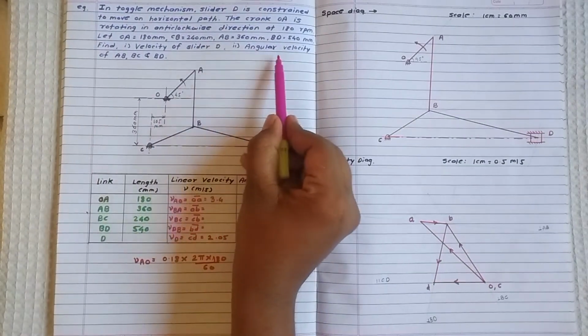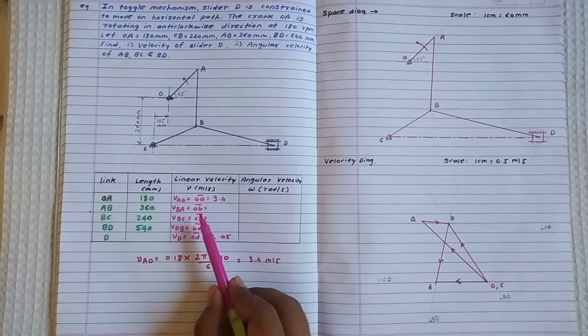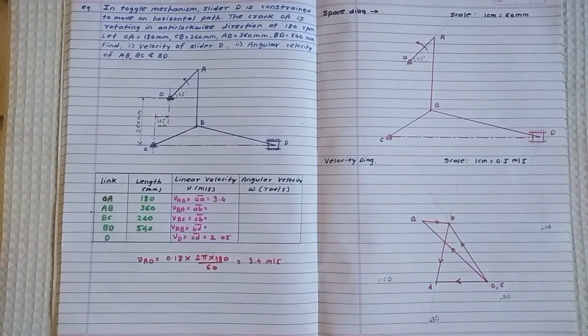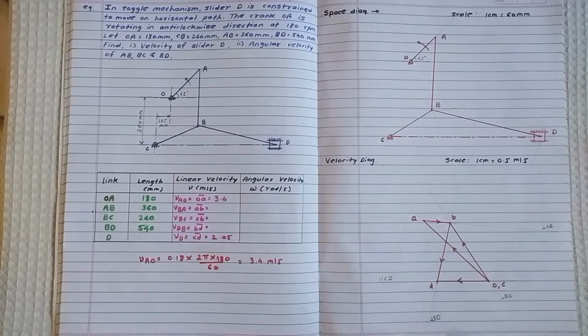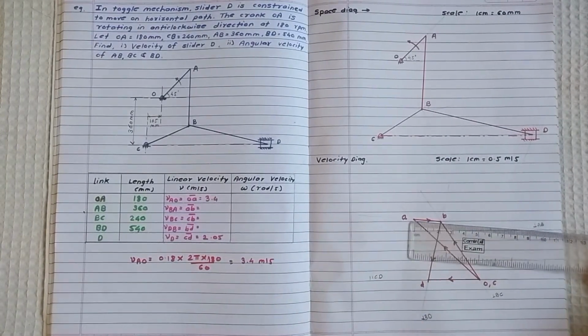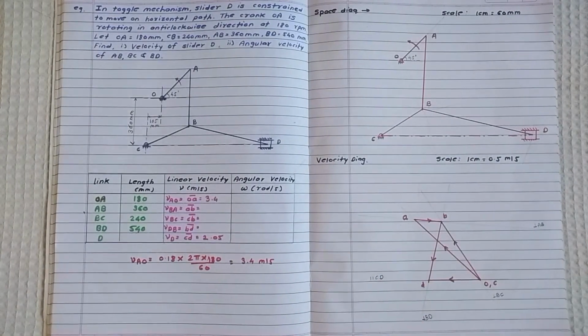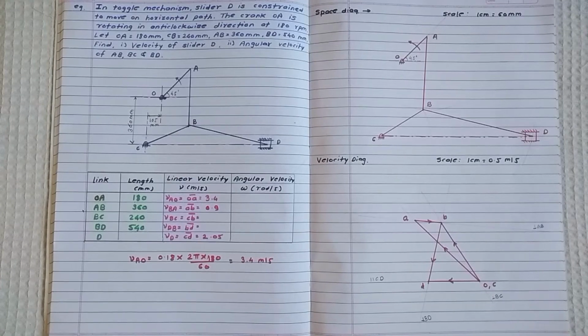Now second is the angular velocity of AB, BC and BD. For that we should know their linear velocities. First see ab bar: length of ab bar is 1.8 into scale, so it comes to 0.9 meter per second. Next is cb bar.